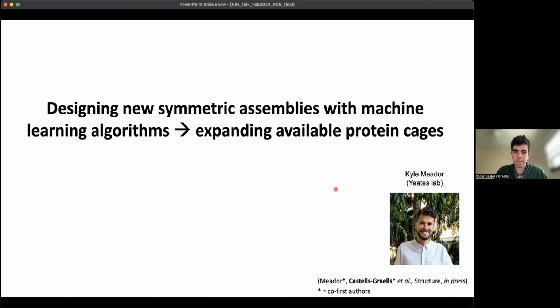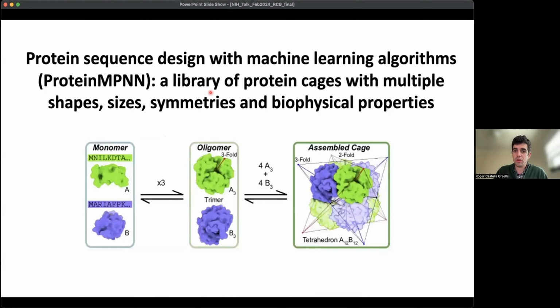So basically, the idea was to use multiple tools, and one of them is called ProteinMPNN. This is an amazing tool developed by the lab of Professor David Baker at the University of Washington, which allows you to design new sequences. So I will explain a little bit how this works.